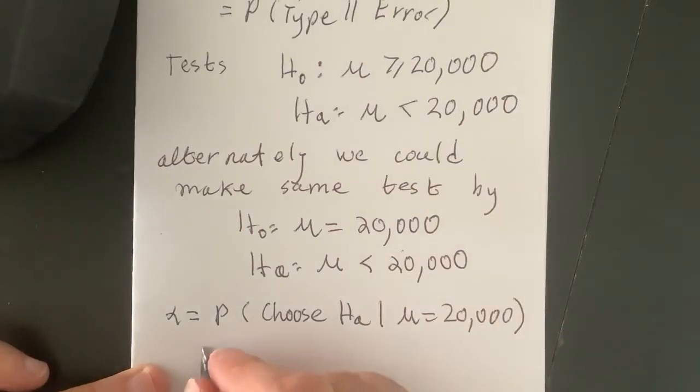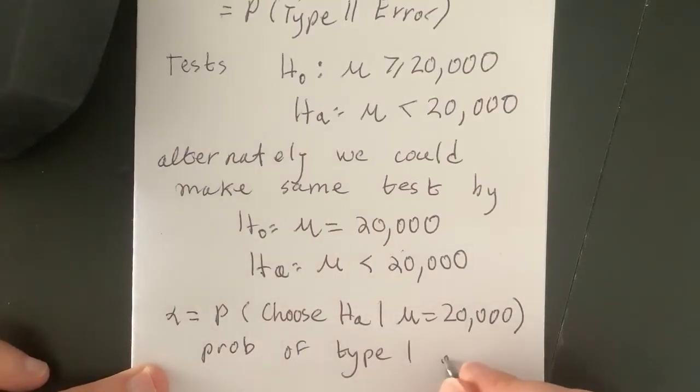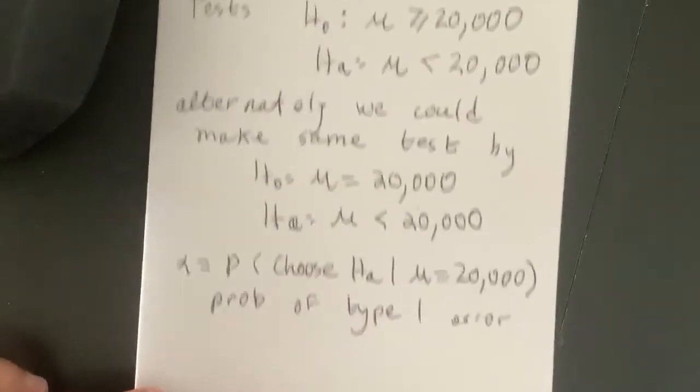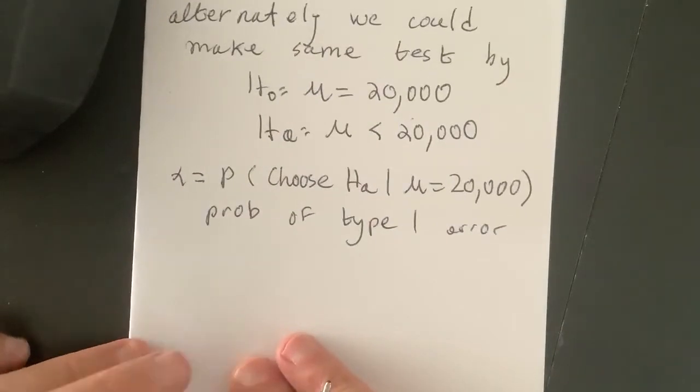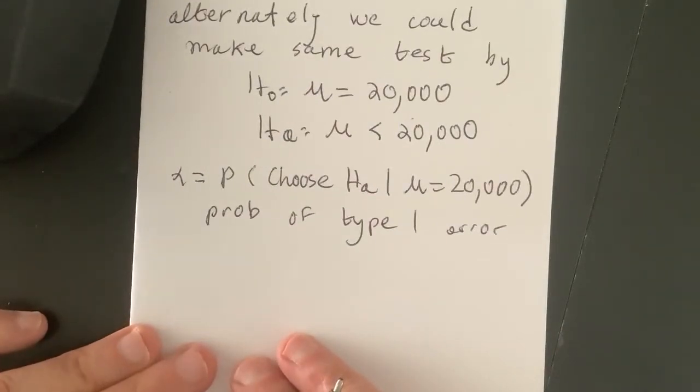And this is the probability of type 1 error. While beta is the probability we choose H0 given HA is true.